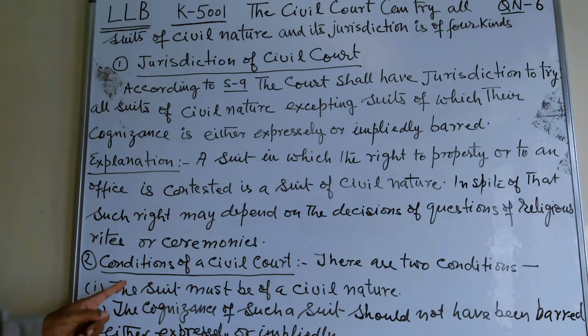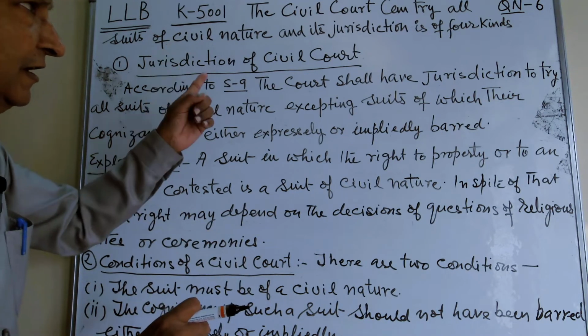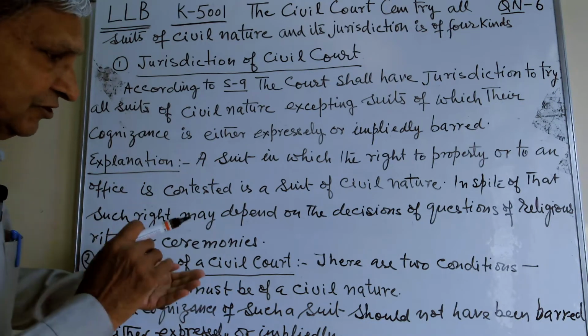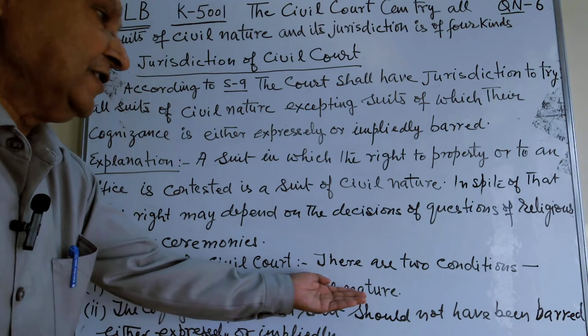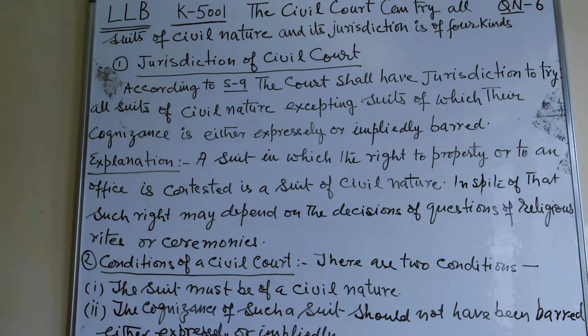First condition, the suit must be of a civil nature. This is the first condition. Civil court takes the case in which the nature of the case is civil nature. The nature of the case must be of civil nature.